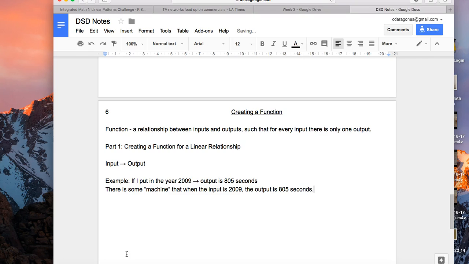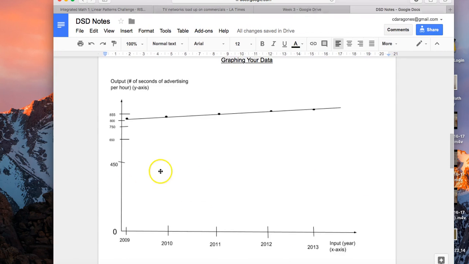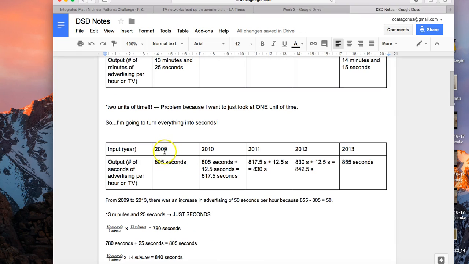So for every input I have, I get out something. And then after that, there is an increase of 12.5 seconds for every year, right? So we know that we start somewhere. We start in the year 2009.